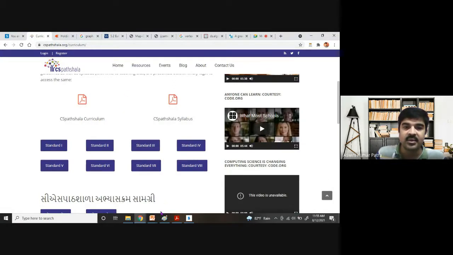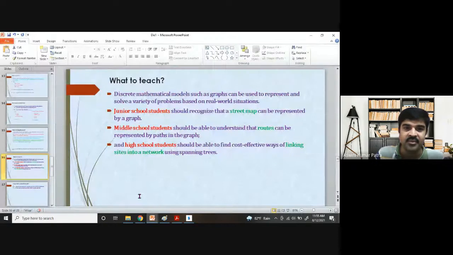From there, I got this information that we can apply the theme of discrete mathematical modeling even to junior school students by recognizing a street map, which can be represented by a graph, a discrete structure. And we can teach middle school students the routes to be represented by paths in the graph. And high school students should be able to find cost-effective ways of linking sites into a network.